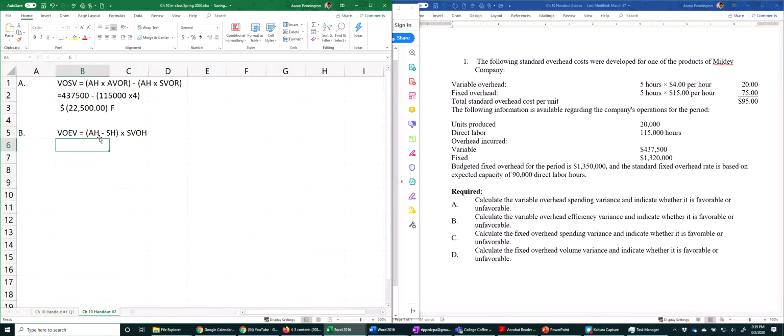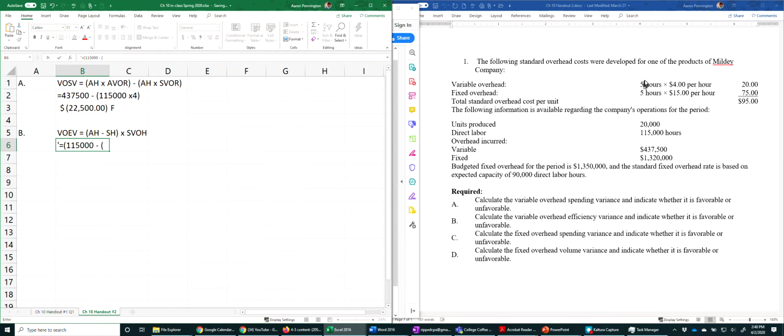So for us, actual hours, given information, minus, now we need to figure standard hours. So your standard 20,000 times the $4 per hour. And actually, I picked the wrong one. It's the 5 hours per unit.